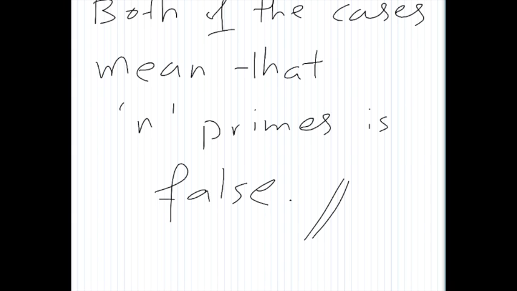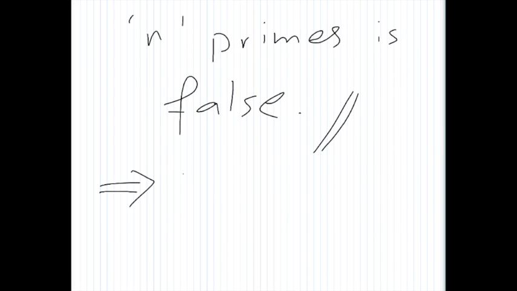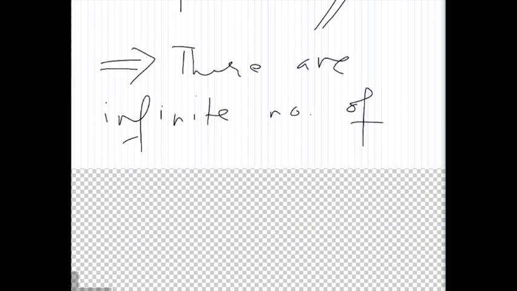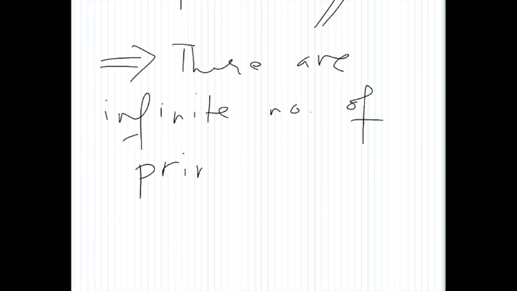So this means our assumption that there are only a finite number of prime numbers is false, which means that there are an infinite number of primes. So this is the formal proof of the theorem, or the statement, that there are an infinite number of primes.